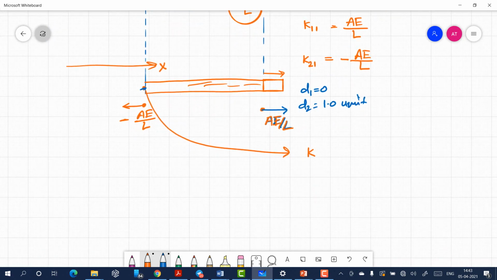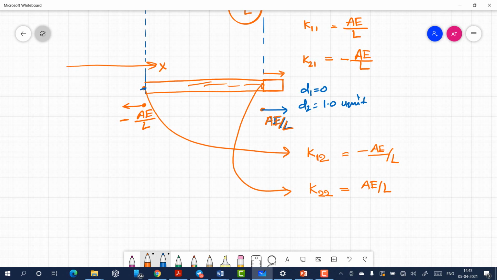So this one is the stiffness at node number 1 because of the displacement at node number 2. So this is K12 and the amount is minus AE by L. Similarly, the stiffness at node number 2 because of displacement at node number 2 is equal to AE by L.